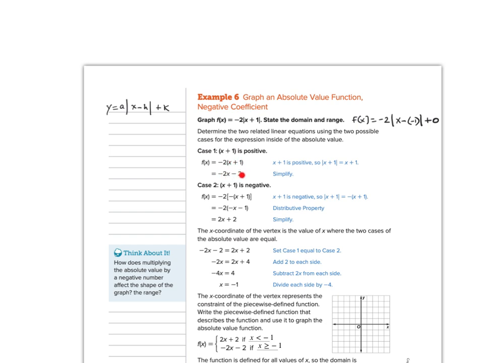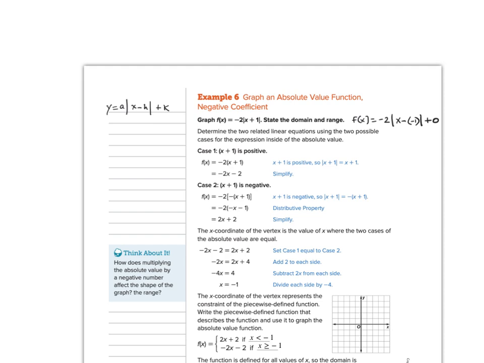That is going to be one direction. And then if I have the negative of it, I would have minus negative times the entire thing in parentheses. And when I do that, that portion, the negative value, would be 2x plus 2. So these two things we have to consider.